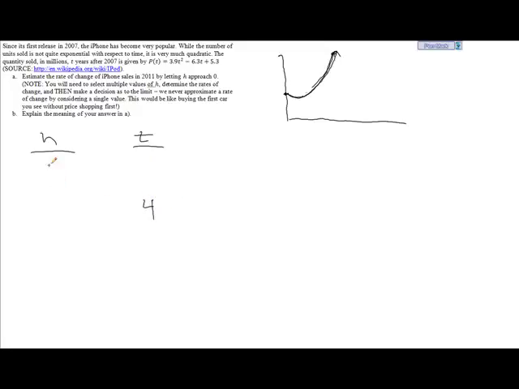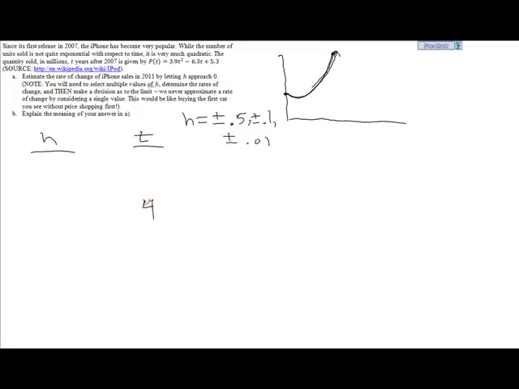If T is equal to 4, now I want to pick H values around that to give me some other inputs to compare T equals 4 to. So typically we've been choosing H equals plus or minus a half, plus or minus 0.1, and plus or minus 0.01.